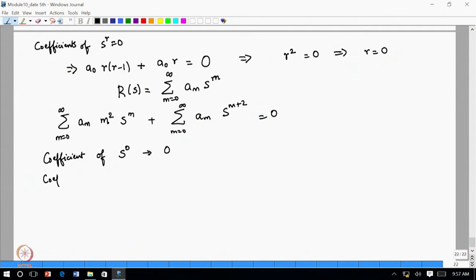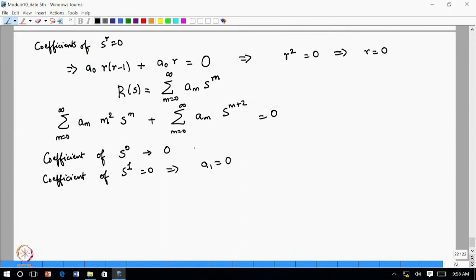Now if you look at the coefficient of s raised to 1 equal to 0, it implies a 1 equal to 0, because if you want s raised to 1, then m has to be equal to 1. Then you just get a 1 times 1, and here you can never have s raised to 1. So this implies a 1 equal to 0.